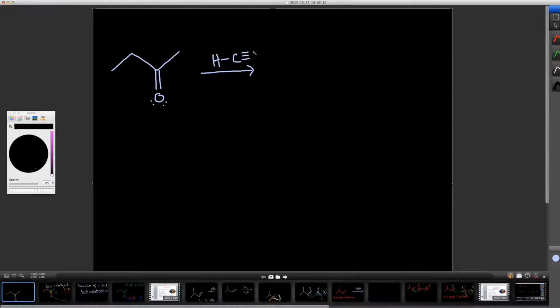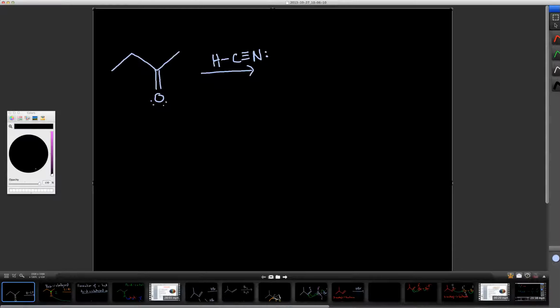This is one of those reactions that's awesome to do on paper and horrible to do in lab, because HCN is the reason why cyanide is as toxic as it is. So cyanide is a weak nucleophile.